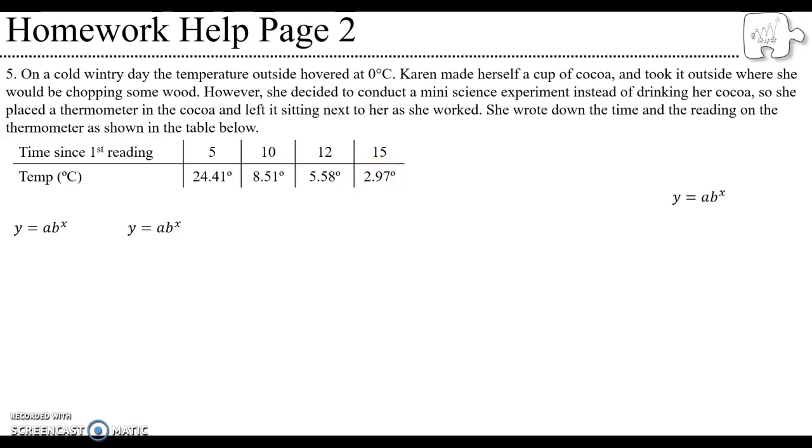So we've been working on a lot of problems with exponential functions, and a lot of them were exponential growth, where things were getting bigger. But we see here that it's getting smaller.